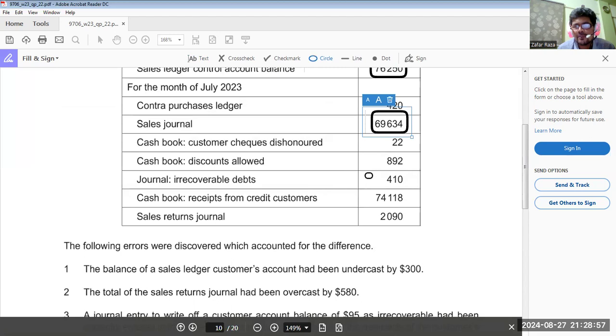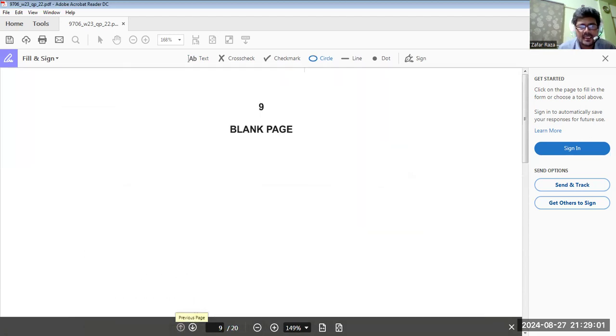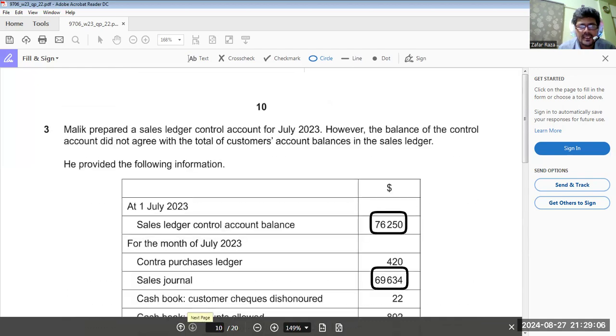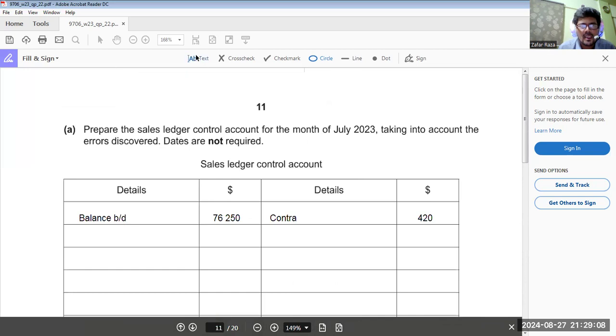So we will directly report 69,634 as sales. Sales increases receivables, so sales is going to be reported on the debit side, 69,634.